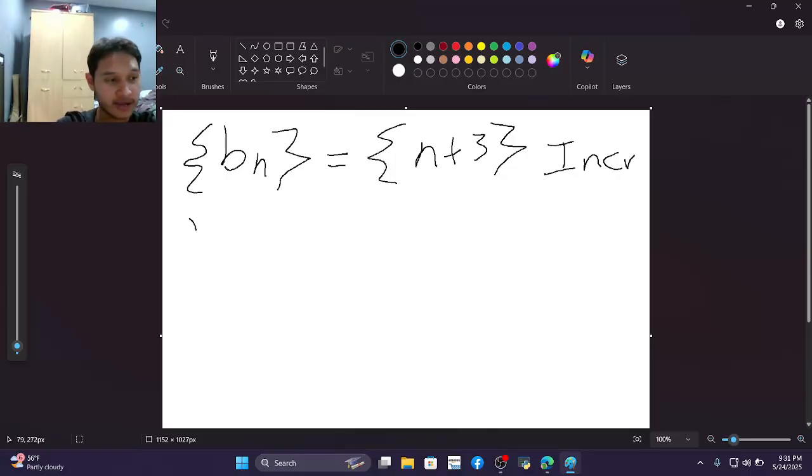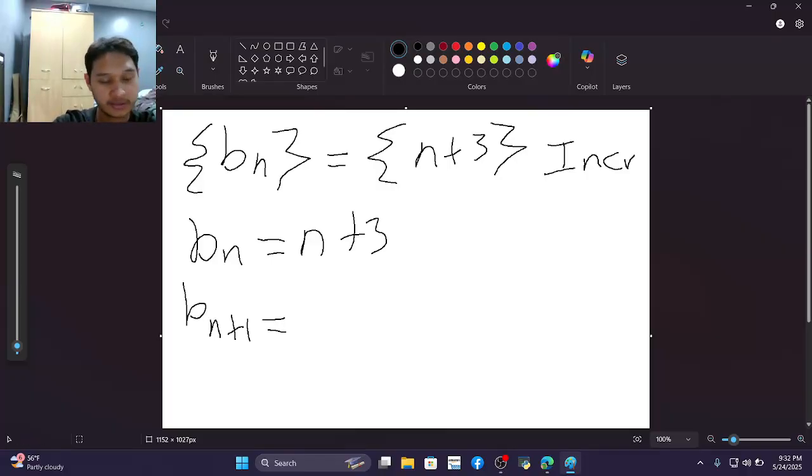We can begin by writing b sub n is equal to n plus 3, and b sub n plus 1, we can write as n plus 1 plus 3, right?